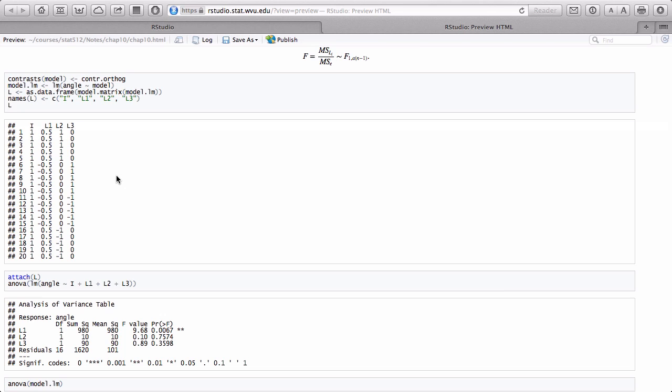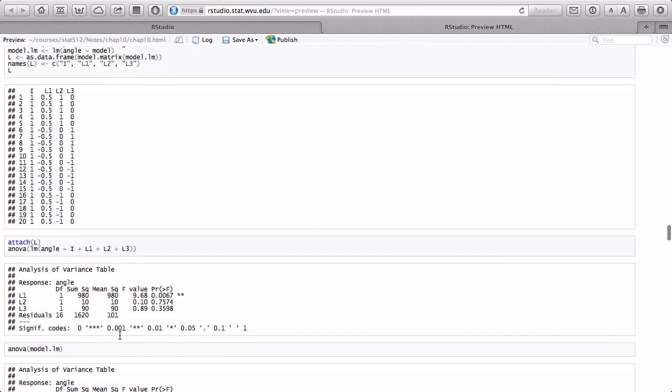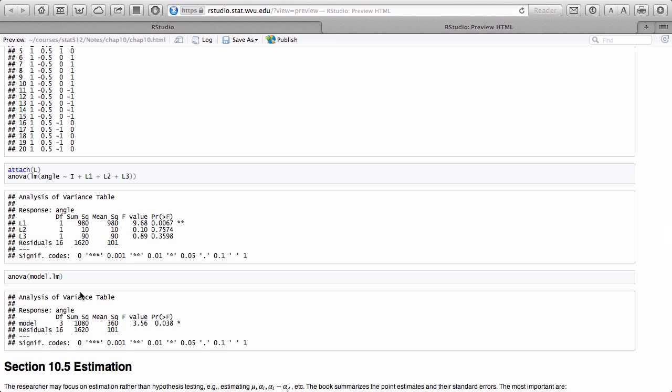In other words, if you would just type in L2 in the workspace, it knows about L, but it doesn't know the column headings of L until I attach it. And once I attach it, it knows the column headings. So I'm going to fit a model I plus L1 plus L2 plus L3. And this gives me an analysis of variance table where it gives me sums of squares. I want you to contrast these sums of squares with the ANOVA for model.lm.